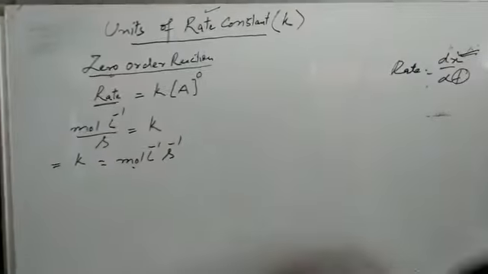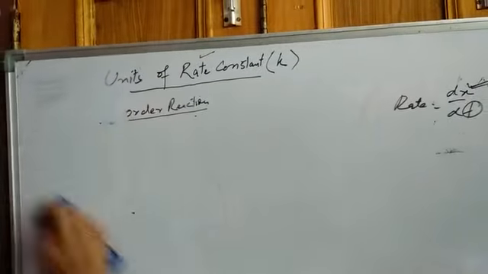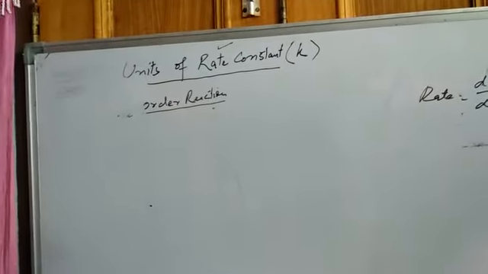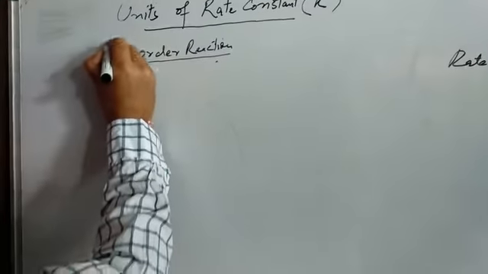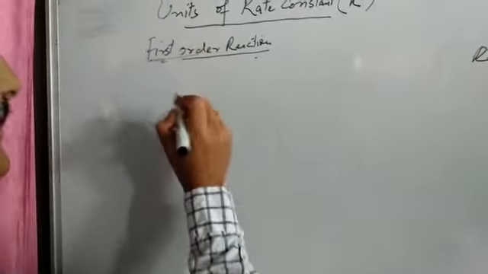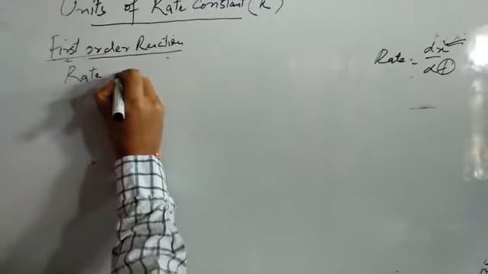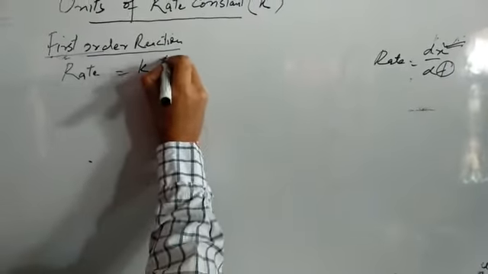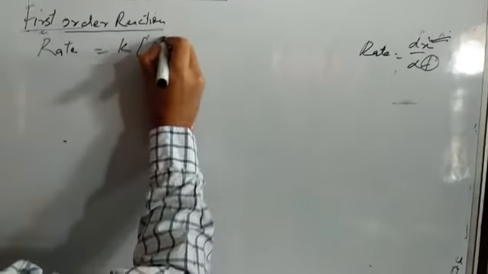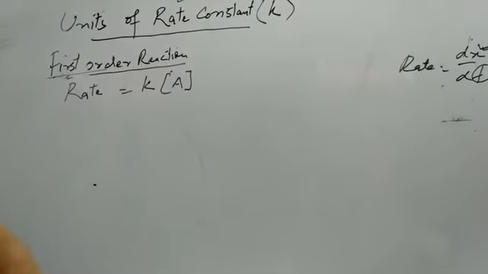Similarly, I can move to the unit of a first order reaction. Let me take a first order reaction, where I have to find the units. For a first order reaction, rate is equal to K, that is the rate constant, times the molar concentration of reactant A raised to power 1. No need to write 1, it is already 1 here.